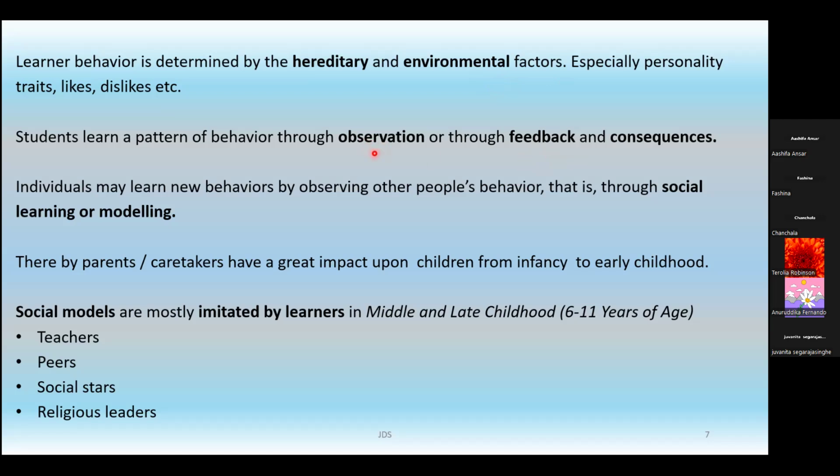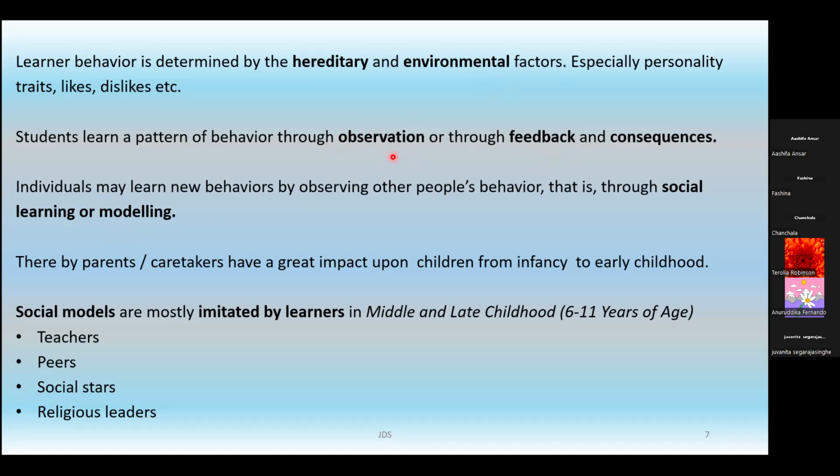behavior of a person will not just take place. Humans observe a role model and tend to fashion their own behavior. Right? So observation, role models, social learning or modeling is very important.